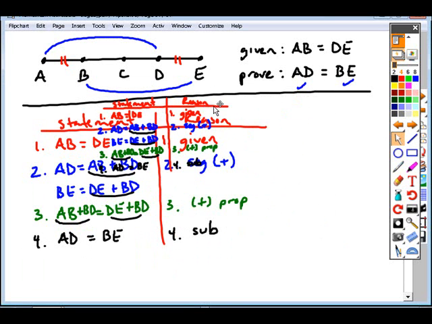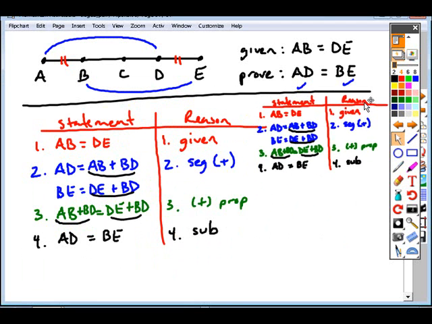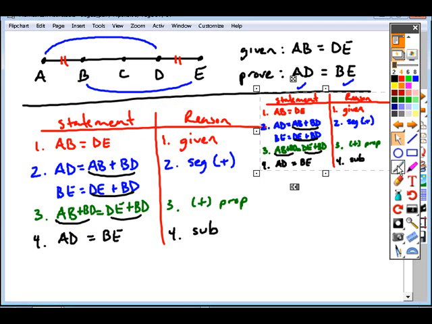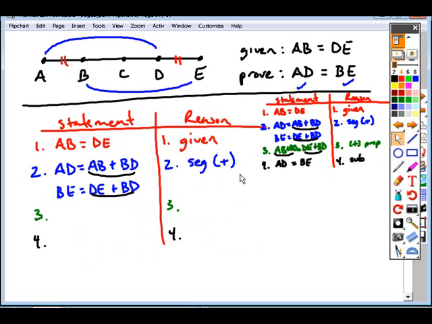And I want to go through a second way. Okay, as I mentioned, when you're dealing with proofs, oftentimes there's more than just one way to complete a proof. So let me go through an alternate form of this.